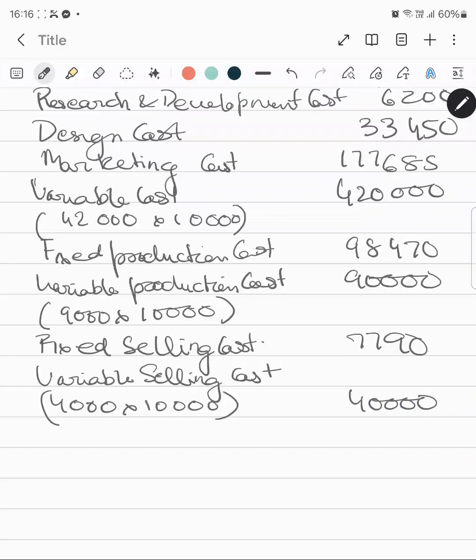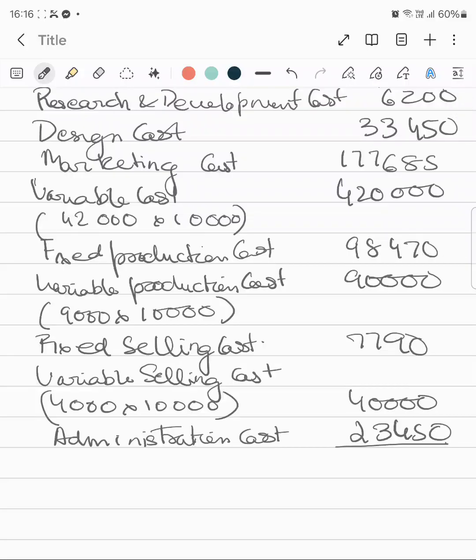Okay, so variable selling cost is 40,000. Fixed selling cost I have already included, and then I have administration cost. How much is the administration cost? The administration cost is 23,450.